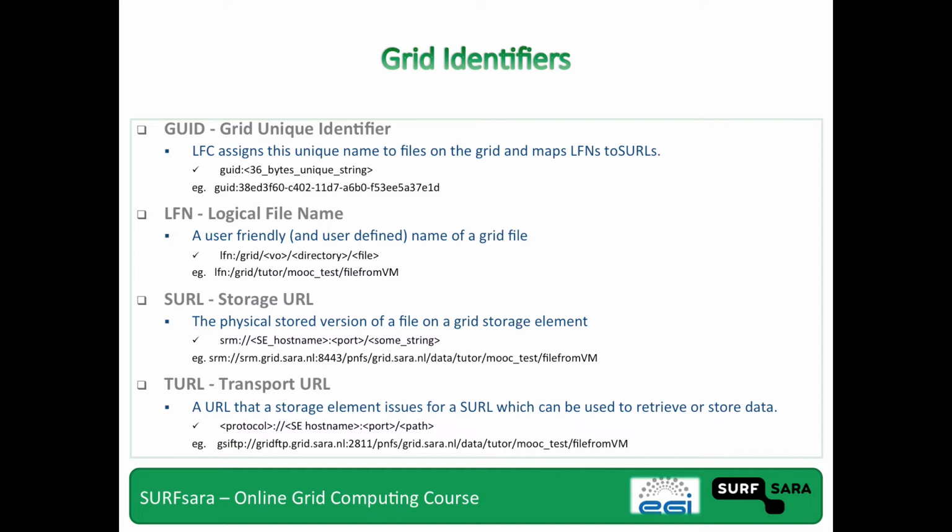You can look these up on the websites of the different implementations. The transport URL, which is a valid uniform resource identifier with the necessary information to access a file in an SE, has the following form. So you have the protocol, your hostname, port, and again a path. And again there's an example on the slide.